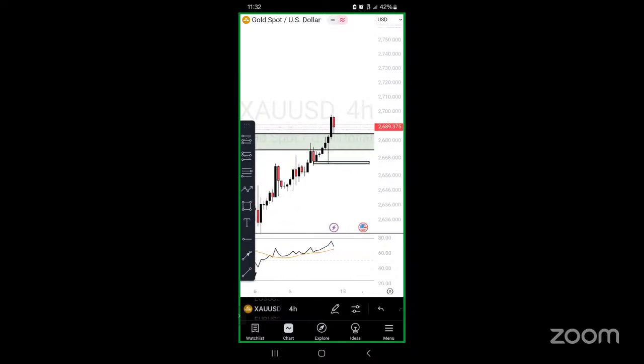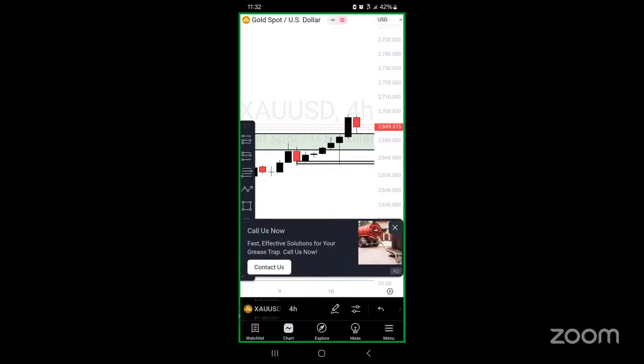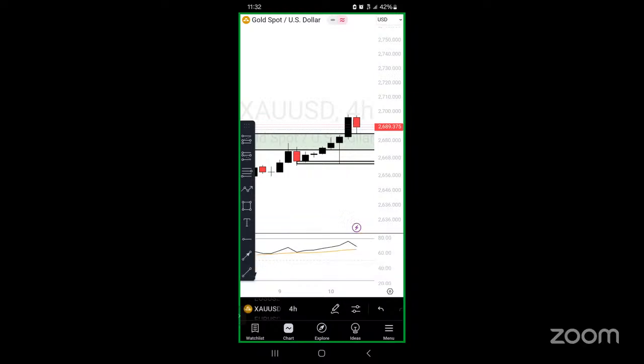So I marked that 4 hour low right there, and that's why I say if I don't put a limit order right there, I stay out during NFP, because NFP always wicks. It always wicks really hard. Sometimes 400, 500, 600 pips, and I done got taken in a lot of times.